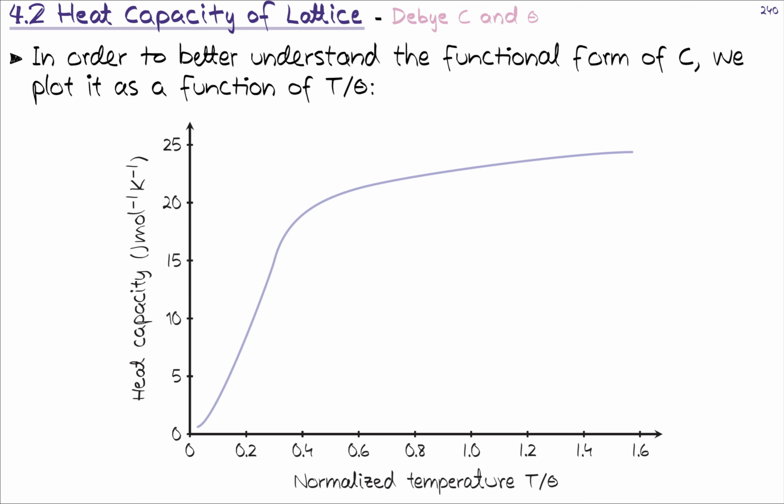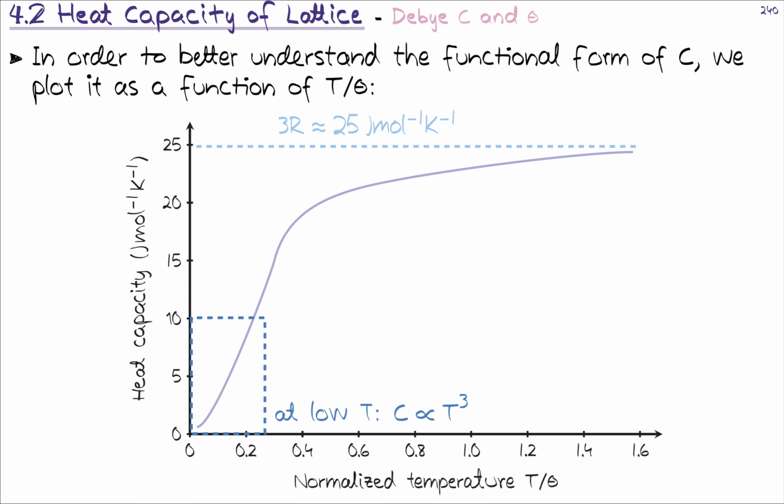So here's a plot from the booklet, and that's showing that at the lower temperatures, we quite correctly get the prediction that the heat capacity is proportional to T cubed, and then at the higher temperature limit, plotted as a function of normalized temperature T over theta, when we go to higher and higher values, we are approaching the ideal 3R case, and this is known as the Dulong-Petit. R is the ideal gas constant.